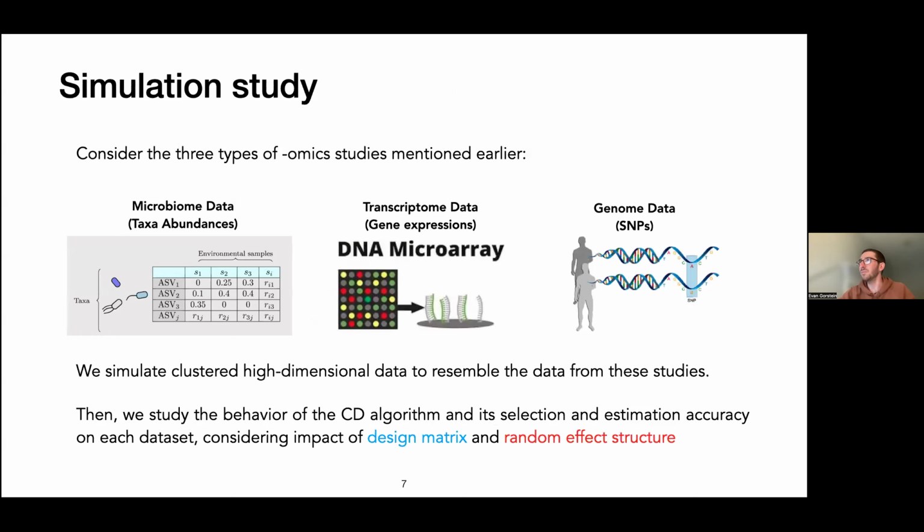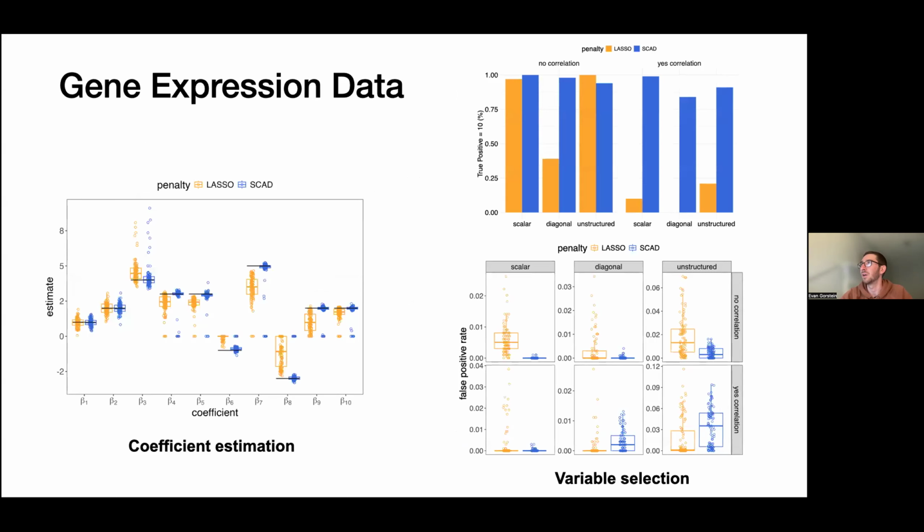We tested this approach on three different types of omics data sets, the ones that we mentioned at the outset: microbiome data, transcriptome data, and genome data. We simulated our data sets to hopefully resemble data from these studies. Then we studied how the algorithm performs in selecting variables and estimating the effects of those variables.